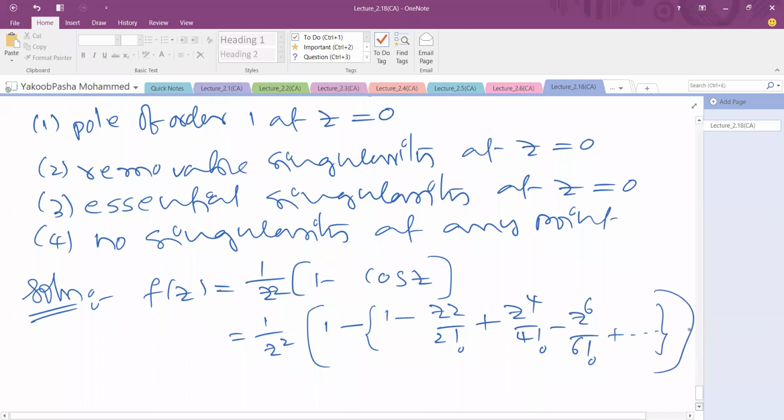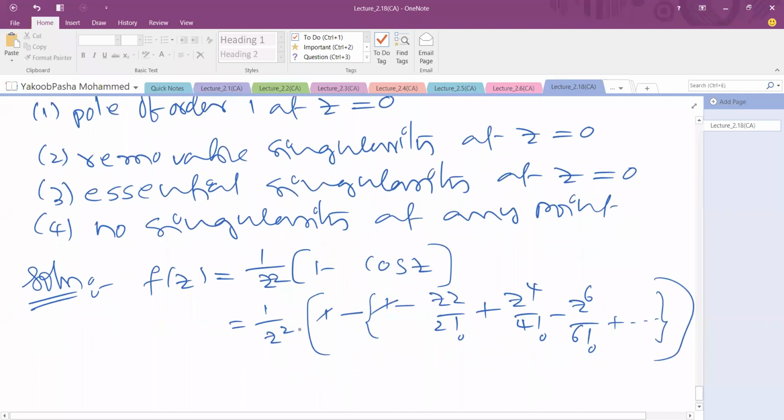Okay. So here 1 will be cancelled. It is 1 by z square. First term, z square by 2 factorial. Second term, minus z power 4 by 4 factorial. And z power 6 by 6 factorial plus and so on.